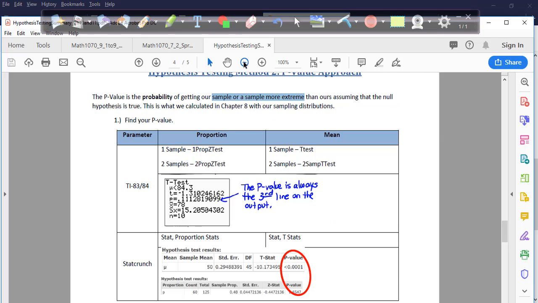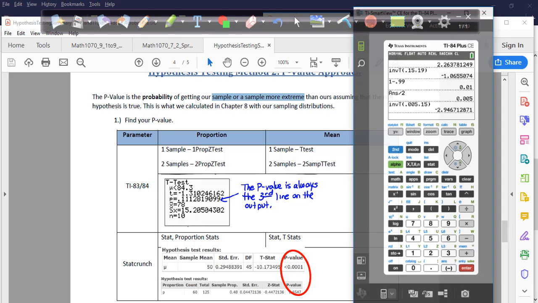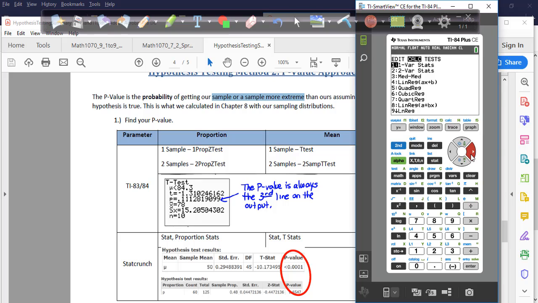To find your p-value with the calculator, you're going under Stat and then Tests. If you want to find the p-value in a mean problem, you're going under t-test. If it's one sample and a mean problem, you're going to t-test.